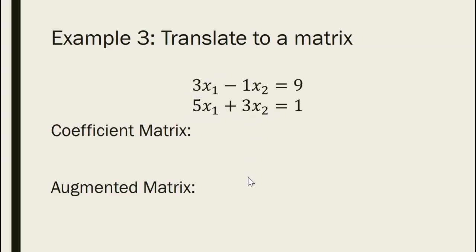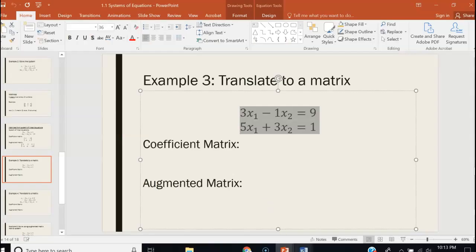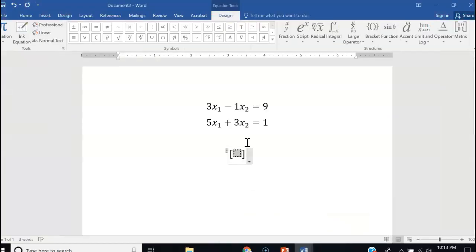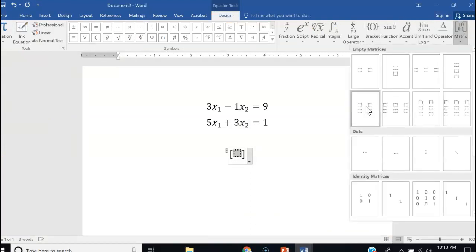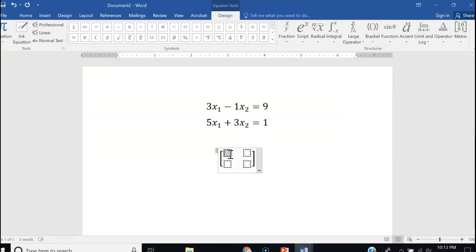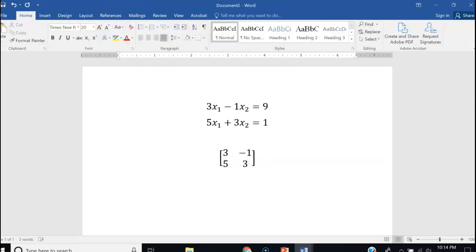Let me do that on a scrap. The coefficient matrix is going to be 3, -1, 5, and 3. And again, order is important when you write this.